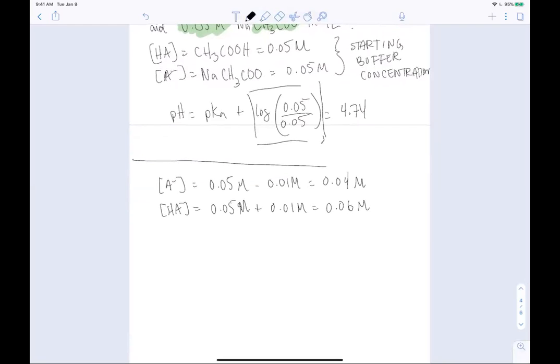So these are our new buffer concentrations after neutralization.